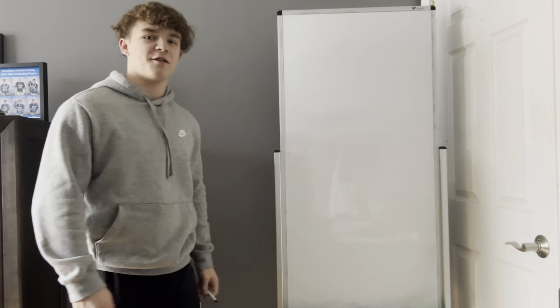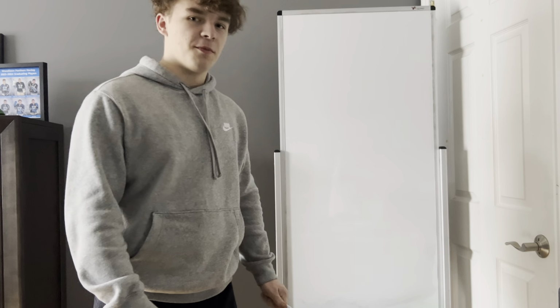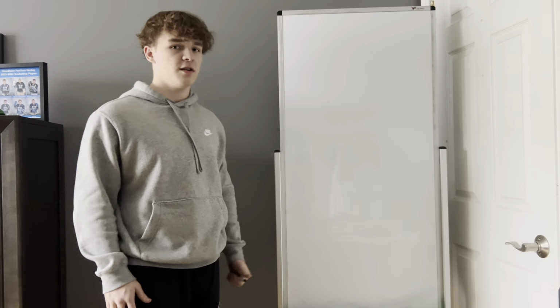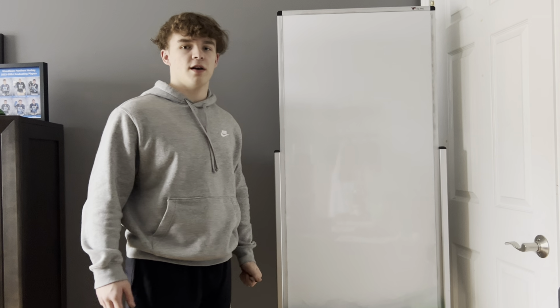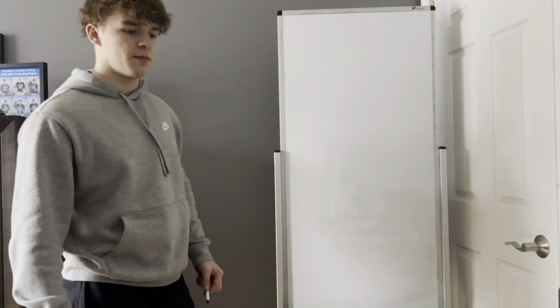Let's talk about surface integrals of vector fields. These are very similar to line integrals of vector fields, except we know what surface integrals look like now. So it's basically a mix between those two.